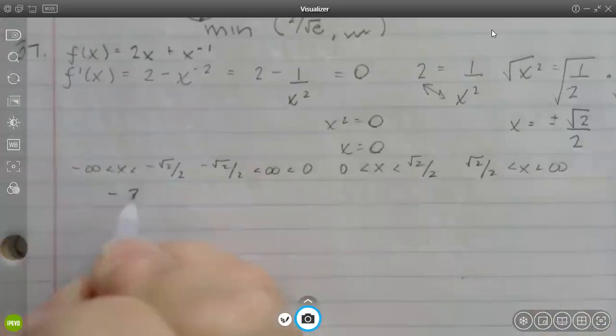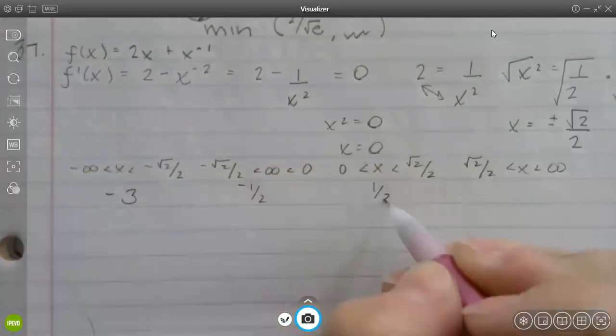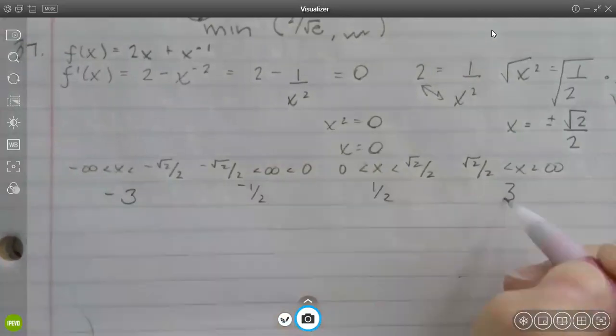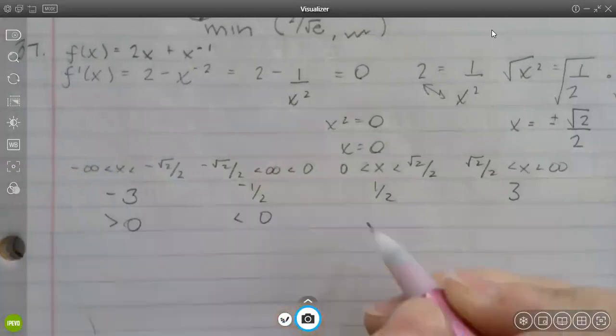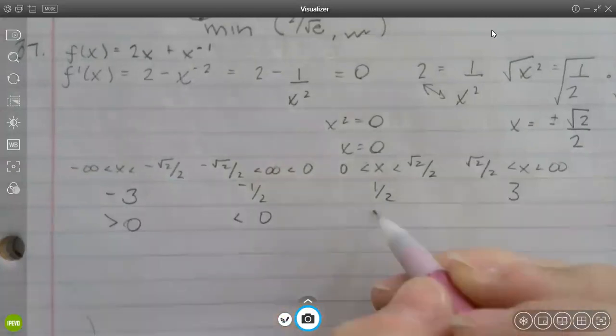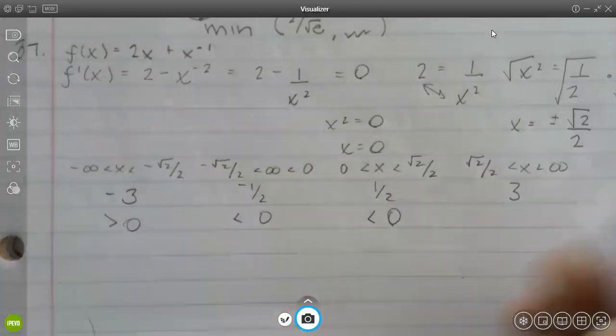I plugged in -3, -1/2, 1/2, and +3. They alternated until they got to this one. So greater than, less than, and then it stayed less than and greater than.